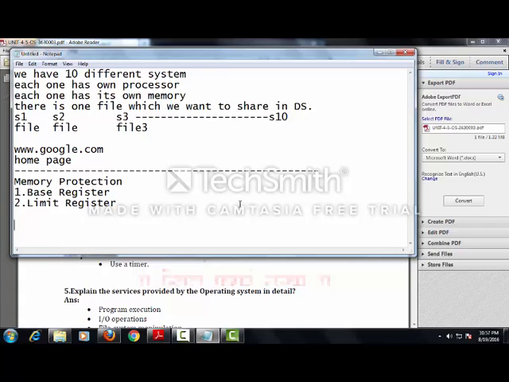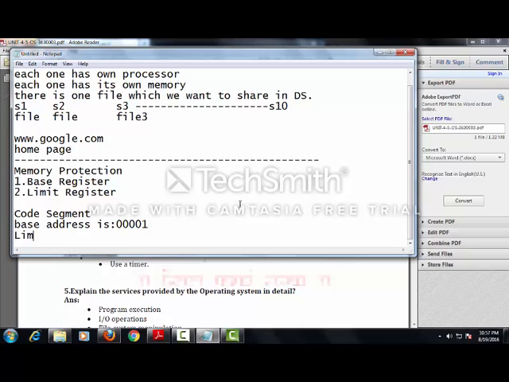Assume that there is a code segment, the base address is, suppose, 1, and the limit address is, suppose, 2000.